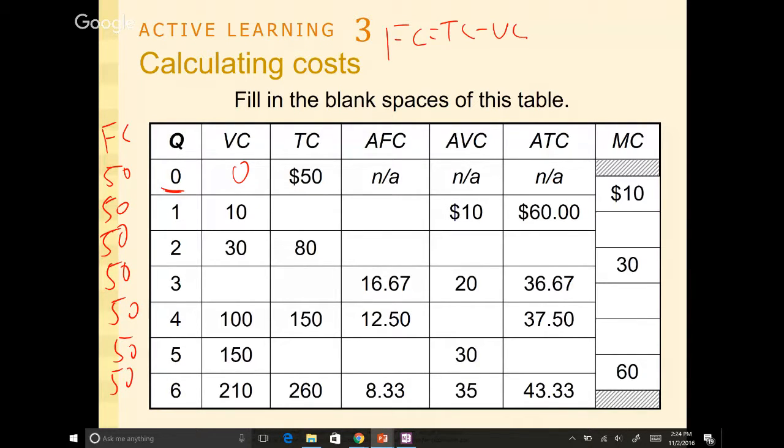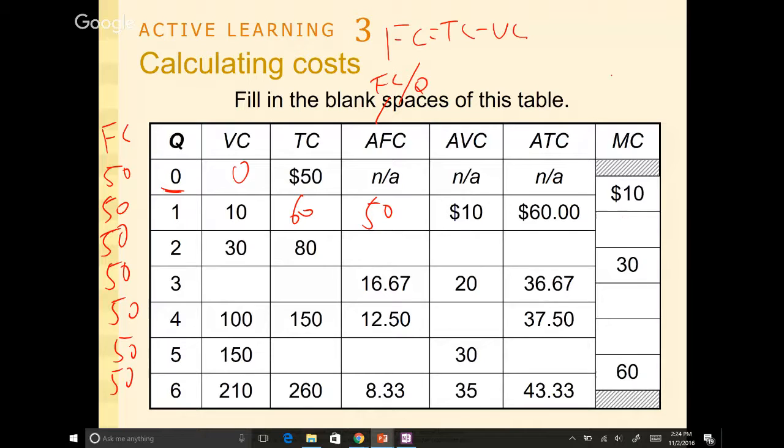Let's do the next one. For the production of 1 unit, variable cost is 10. How much is total cost? I'm going to use 50 plus 10, which gives you 60. Your average fixed cost will be your fixed cost, 50, divided by quantity, so 50 divided by 1, just 50.